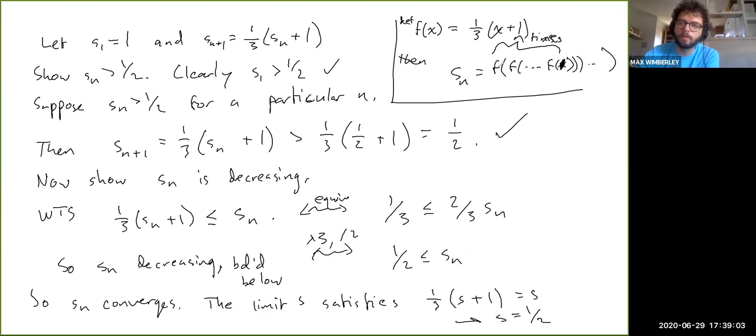One very informal way of thinking about this is that the limit is just when you have infinity f's here. If you add one more f on top of that, it doesn't actually do anything.